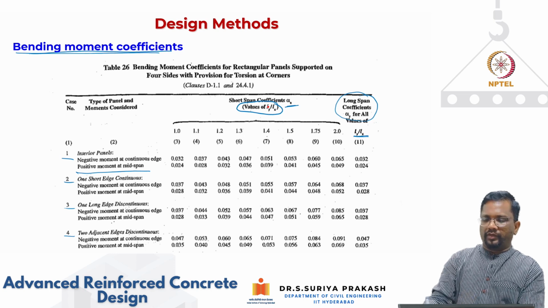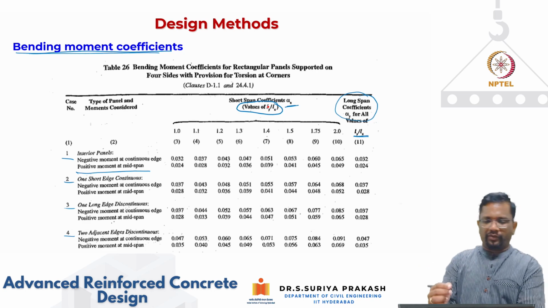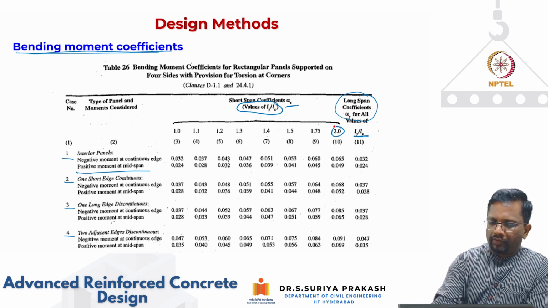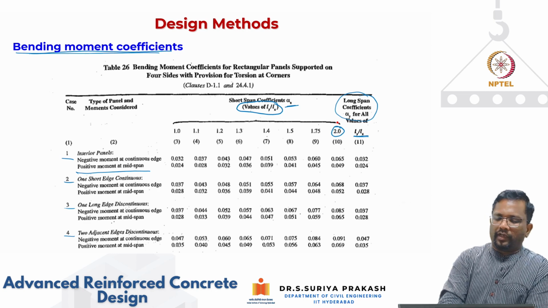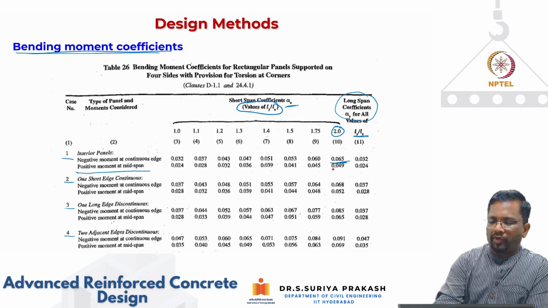So what is the short span coefficient? Let's look at it. If your Ly by Lx is, let's say, equal to 2, then the negative moment coefficient alpha x is 0.065. Similarly, what is the positive moment at midspan? It is 0.049.